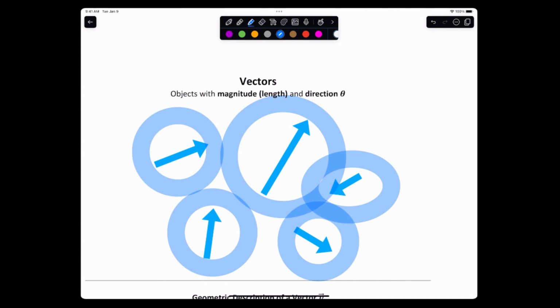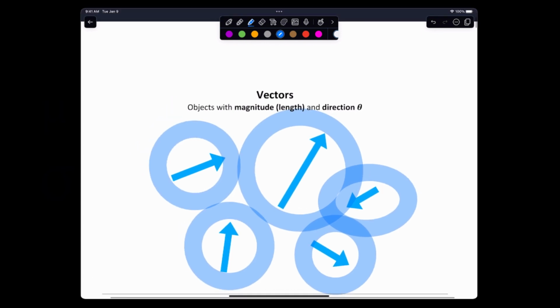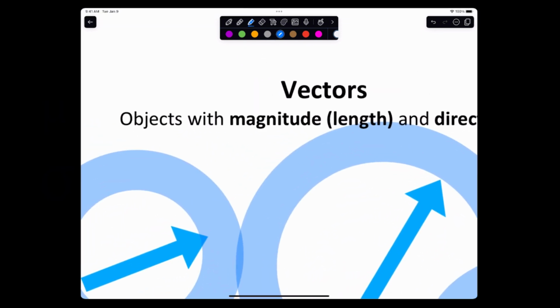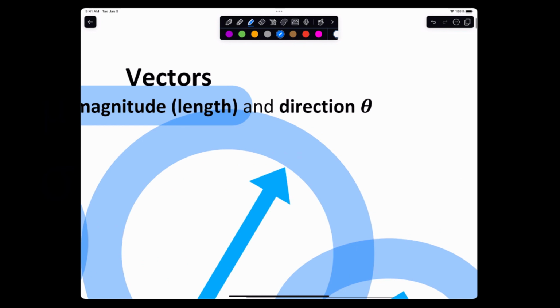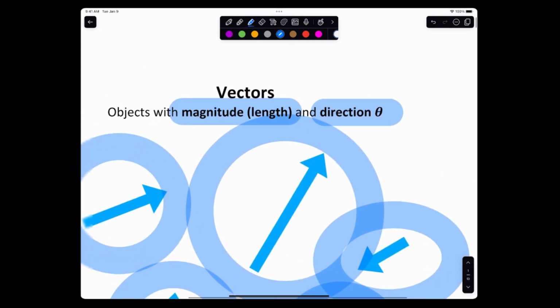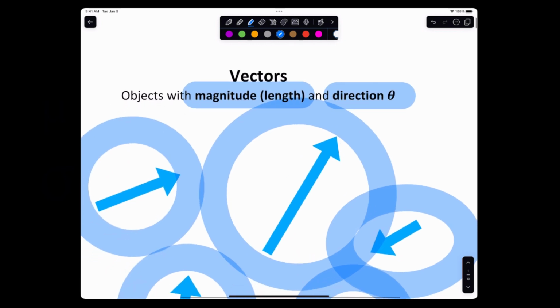Now, a vector, how we describe it, is an object that has both magnitude and what? Direction. So if anybody ever says to you, like tonight over dinner, hey, what is a vector? You can say it's an object that has both magnitude and direction.